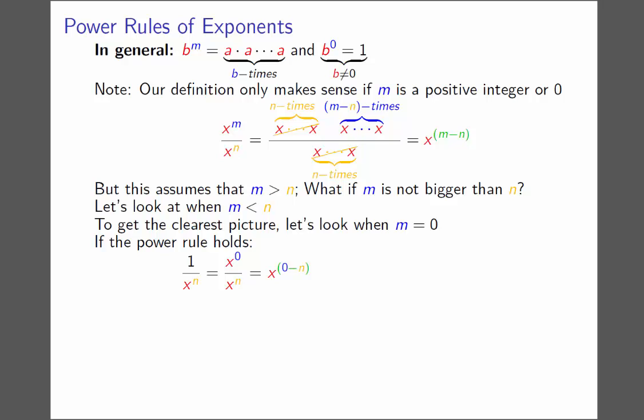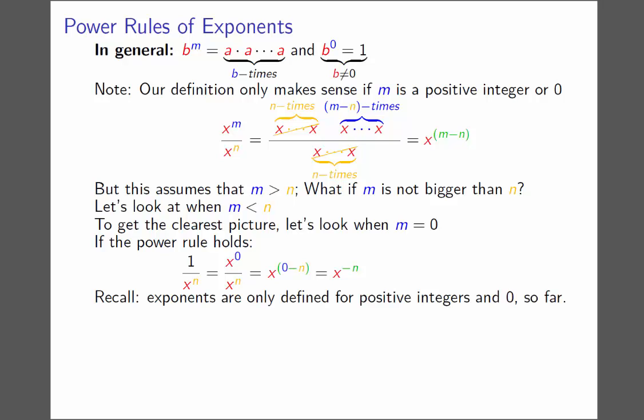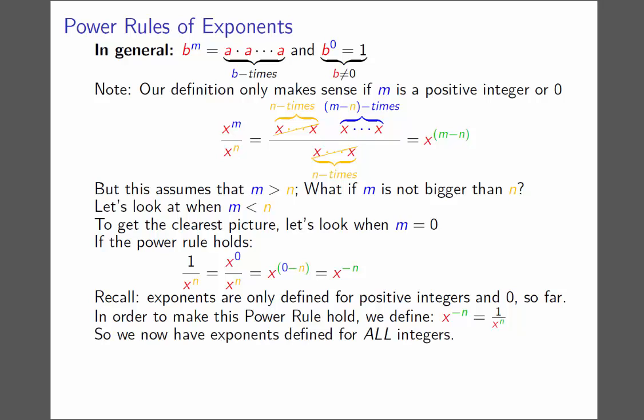And 0 minus n is negative n, so this should be x to the negative n. But remember, exponents are only defined for positive integers and 0 so far. So in order to make this power rule hold, we define x to the negative n to be 1 over x to the n. So we now have exponents defined for all integers.